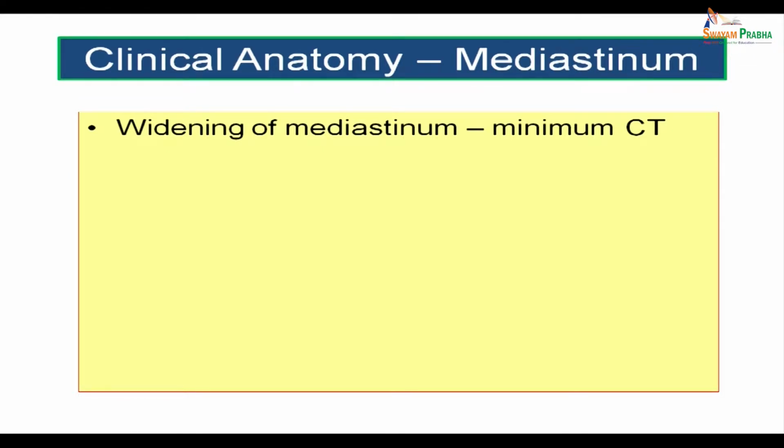So, when there is enlargement of these structures, so if there is a space occupying lesion in these structures, then there is widening of the mediastinum. It immediately accommodates the structure because of the minimal amount of the connective tissue which is also loose in nature. This is called as widening of mediastinum.